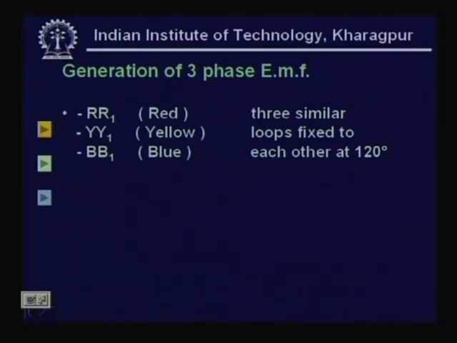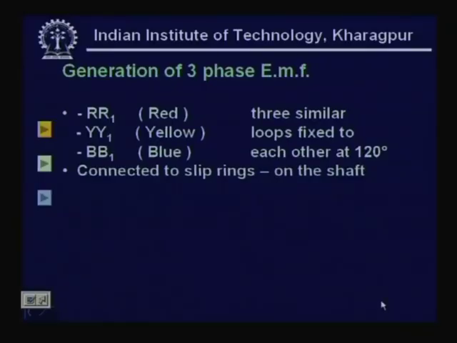Now, one may ask why the notation RR1, YY1 and BB1 has been used. It helps the people in the field to have a color code in the form of red, yellow, blue. Just as we did in the previous case, they are connected to the slip rings on the shaft.